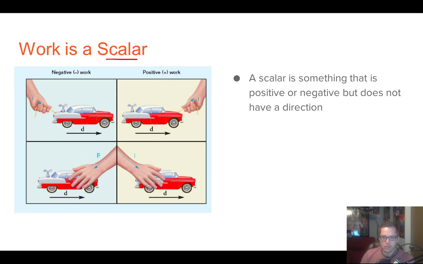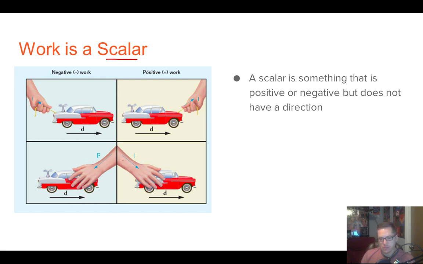Now, negative work. Notice that this guy is pulling this toy car. The toy car is going to the right, but he's slowing it down a little bit by pulling on this thing here. This would be negative work because the work being done is in opposition to the motion. Same thing here. Remember, force times distance.